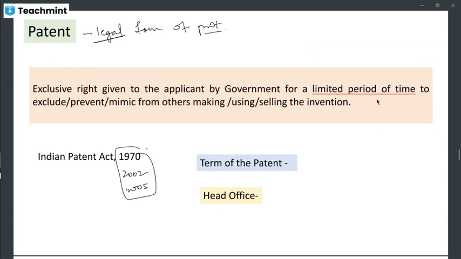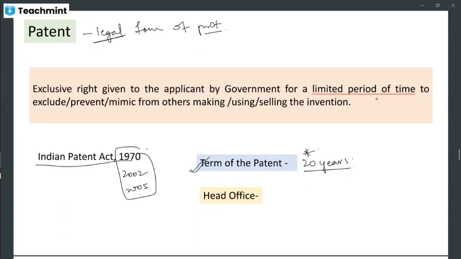In the case of India, the term, or what you call the patent period, is fixed at 20 years. If anyone asks you what is the term of the patent in India, it is only 20 years.